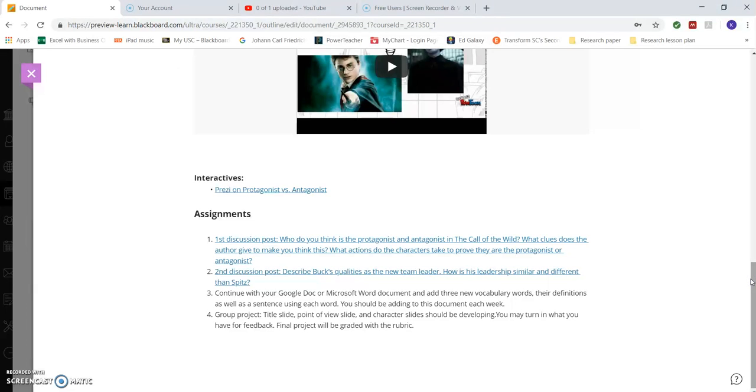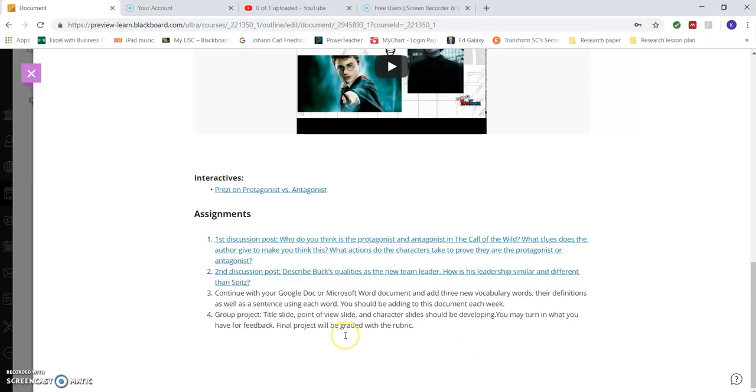Continue with your document on your new vocabulary words. And also the group project, which we did talk about last week. Do start creating your title slide, your point of view slide, and your character slide, and of course your credit slide too if you wish.